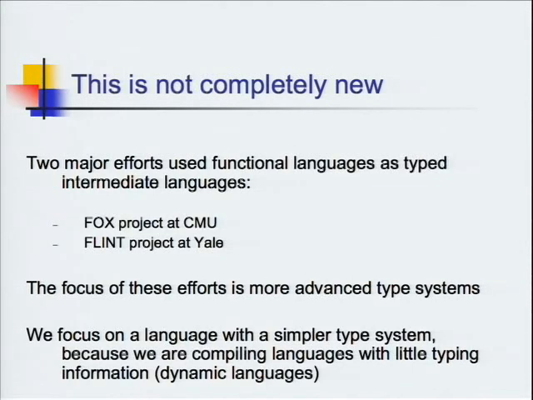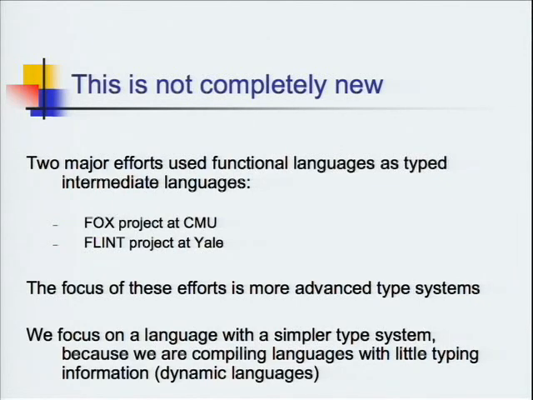So they want type systems that are very extensive and also focused on safety. However, since we are compiling dynamic languages like Python, which have almost no static type information, we can do with a simpler type system. In fact, the type system of a language like OCaml is sufficient for our purposes.